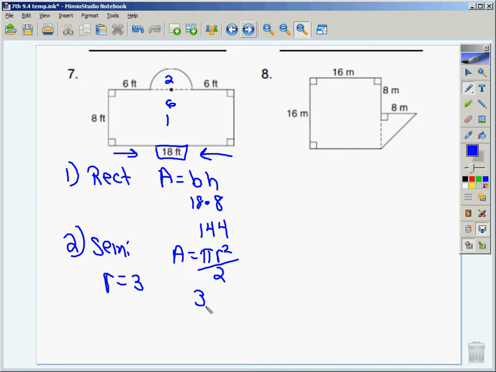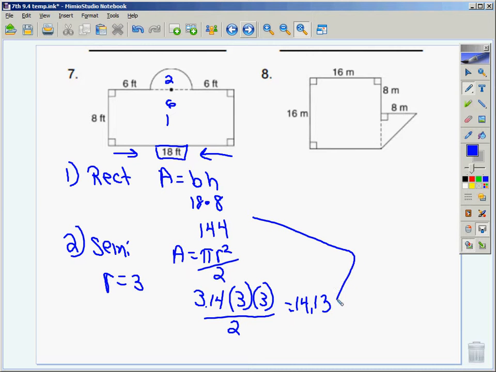So this would be 3.14 times 3 times 3 divided by 2. 14.13.